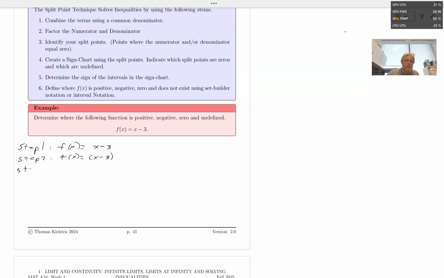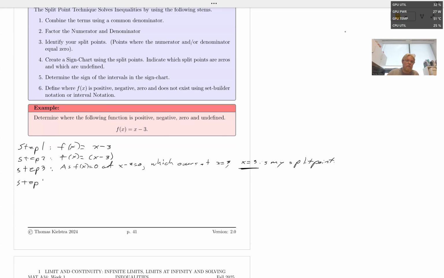Step 3, identify my split points. f of x equals 0 when x minus 3 equals 0, which occurs at x equaling 3. x equaling 3 is my split point. So I've identified my split points. Now we create a sign chart using the split point.